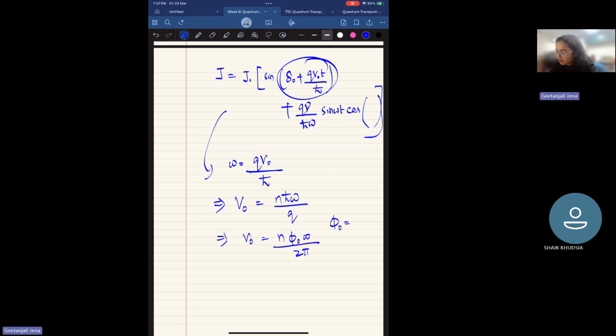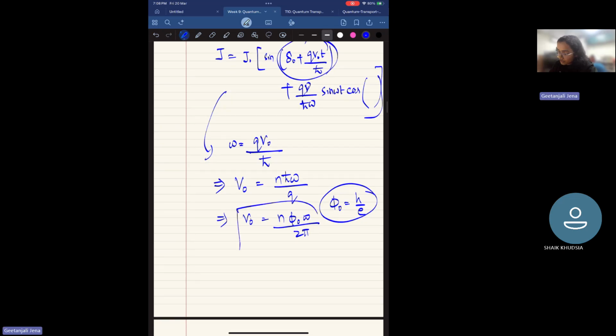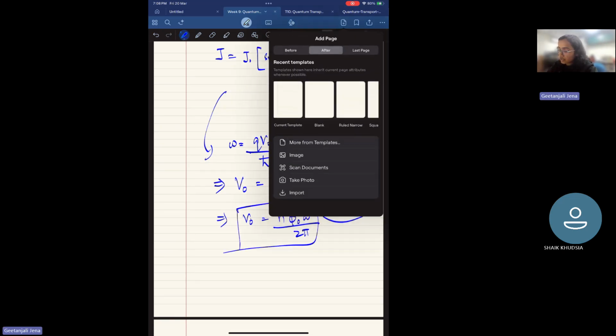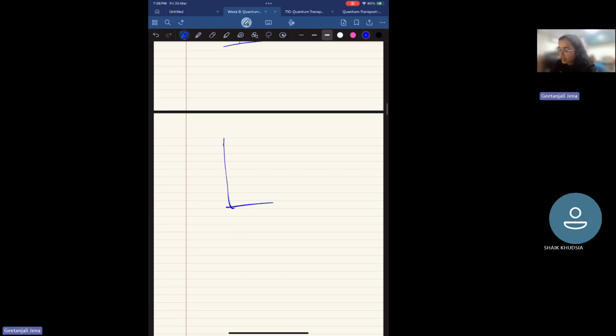Phi 0 is H by the flux quantum. Okay. So for this one only, this will show a non-zero current. And in the IV characteristics, we'll see peaks in the current whenever this voltage condition is satisfied. So if you recall, we see a peak in the current like this for the IV.